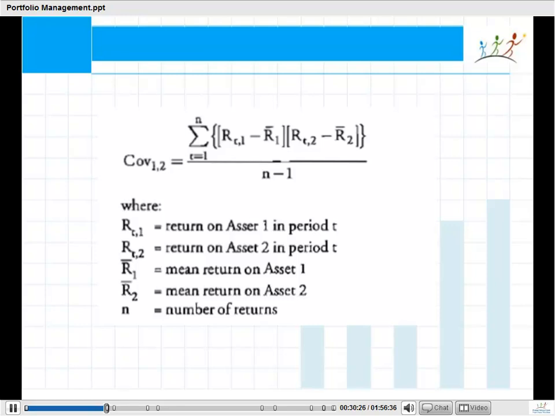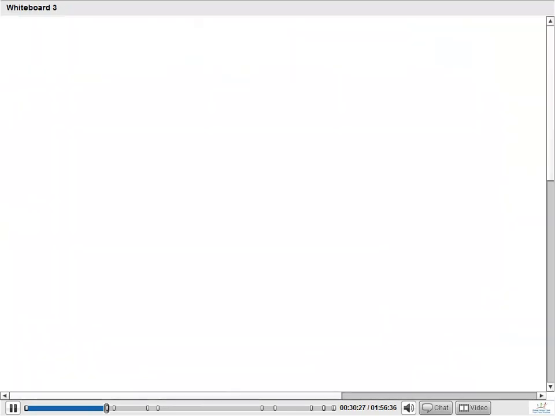Now, oftentimes our view on two assets is such that they move together or inversely with each other. So if I have company A, which is a steel company, and I have company B, which is a coal company, what would I normally expect?